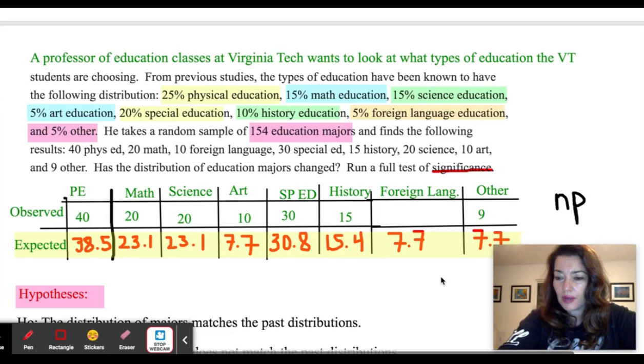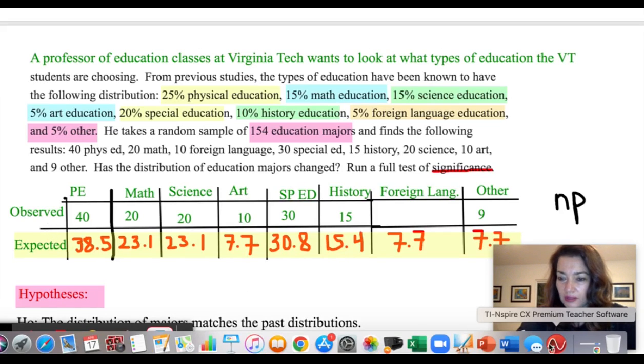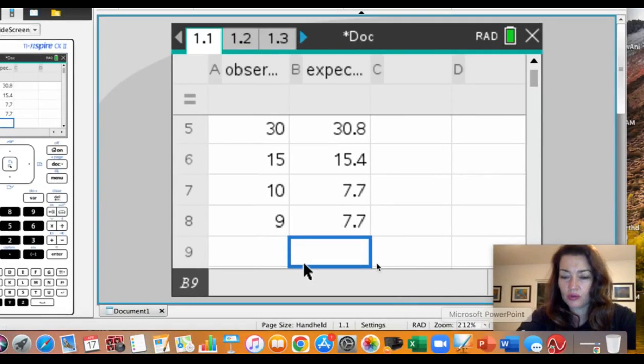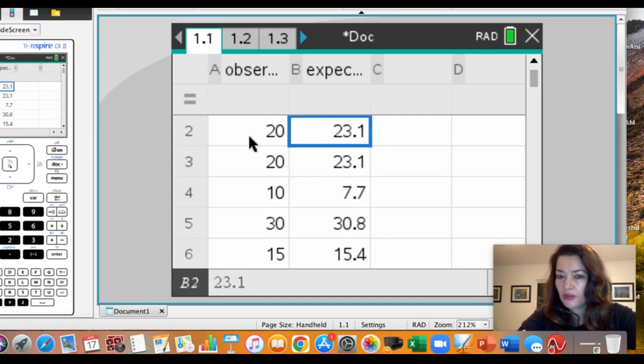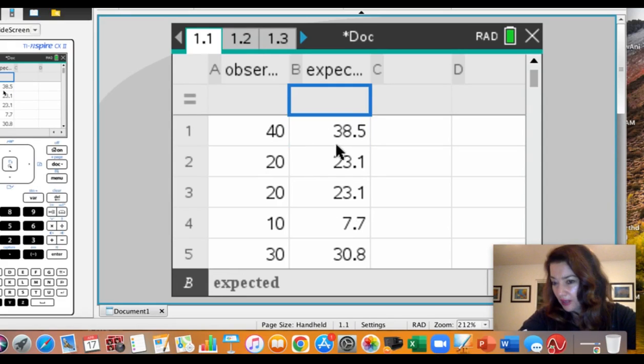Now, to do a chi-square test, all we need to do is enter an observed and expected list into our calculator. So I already did that in advance, and let me show you what that looks like. So I went to lists and spreadsheet on the calculator, and I entered all the observed, and next to the observed, I entered the expected.